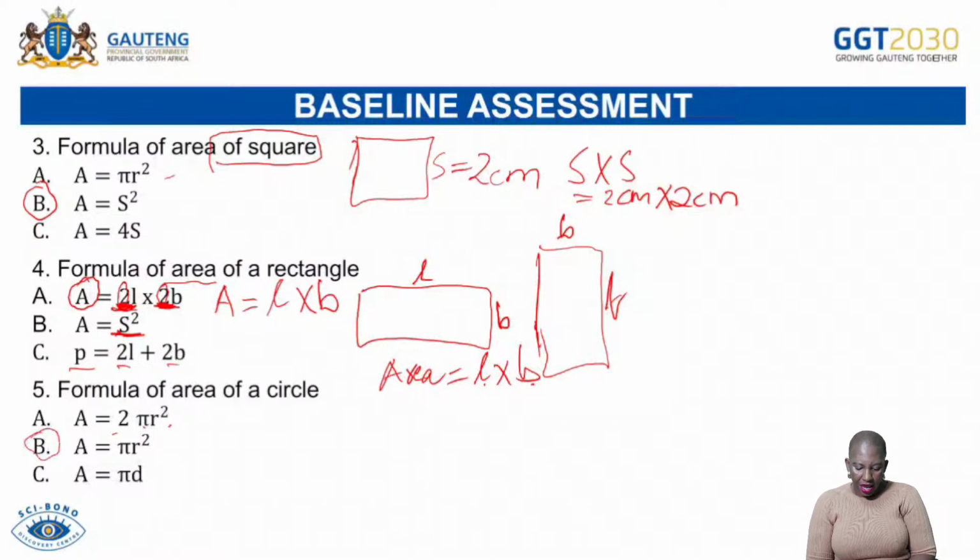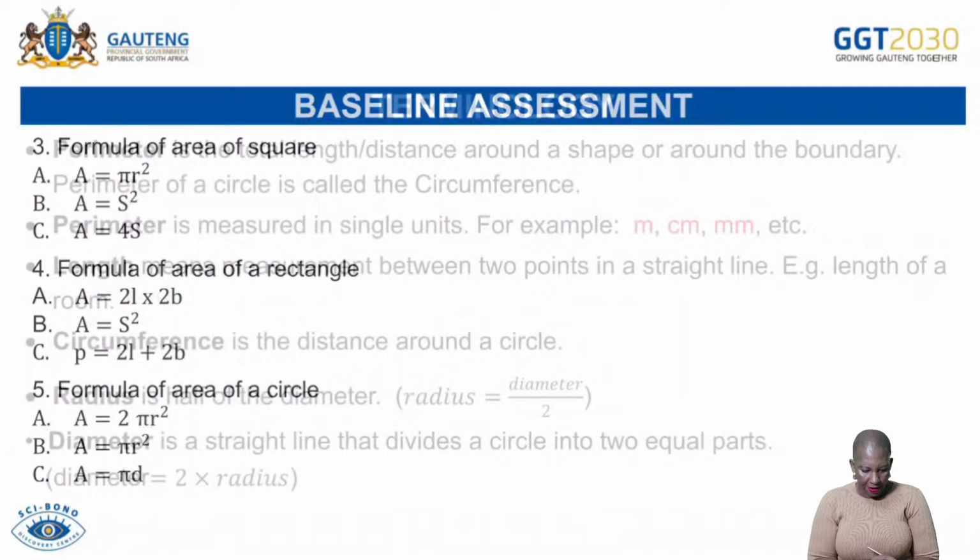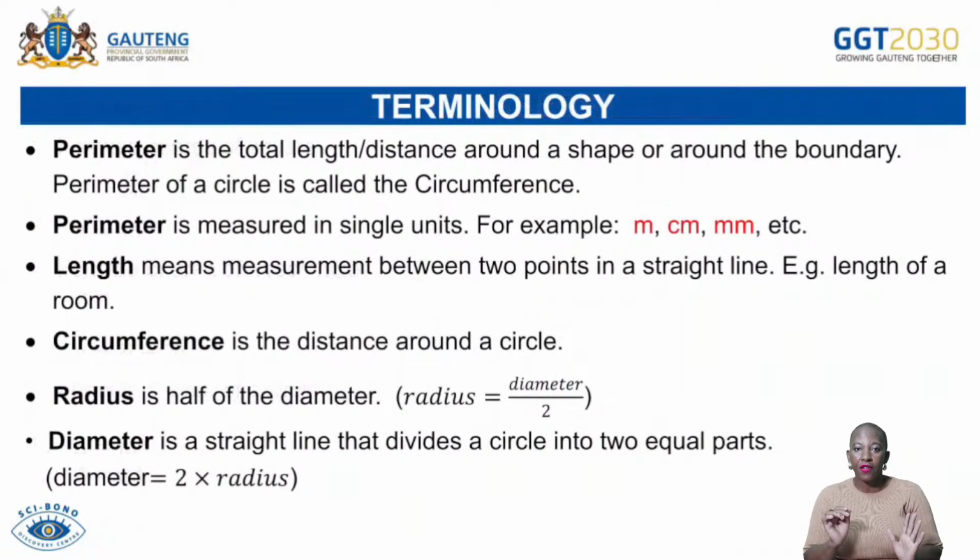So boys and girls, I hope you'll understand this more when we now do our focus for today, which is the calculation of perimeter and area. Now let's have a look at perimeter. What is perimeter?